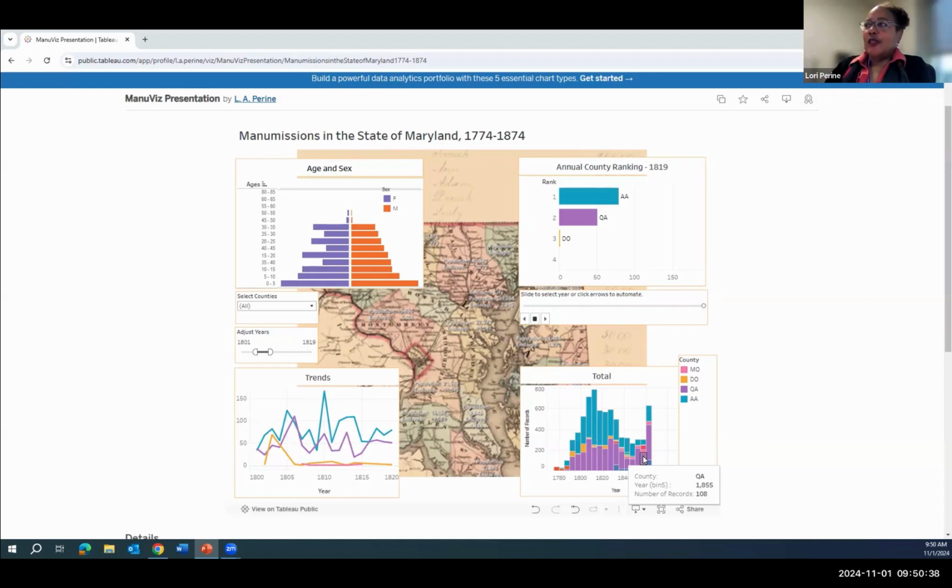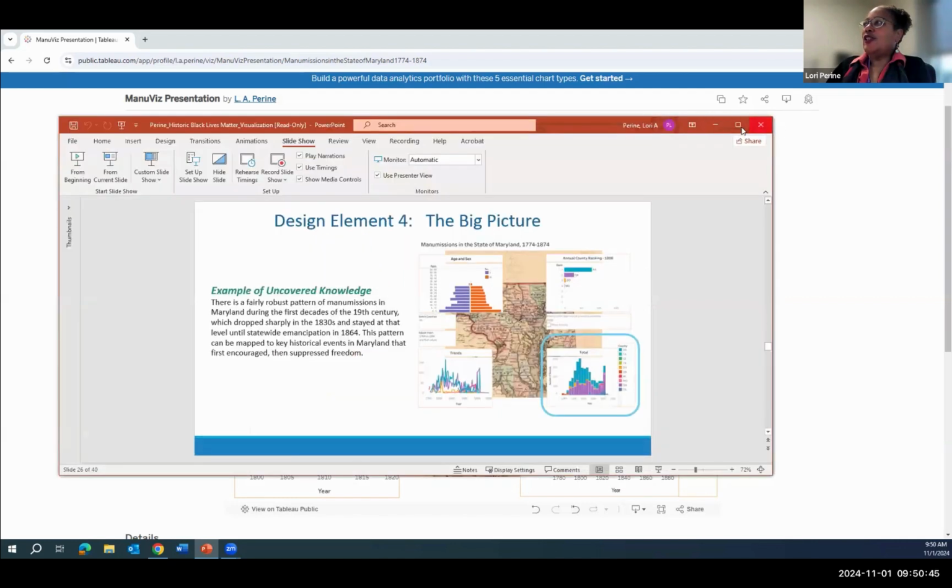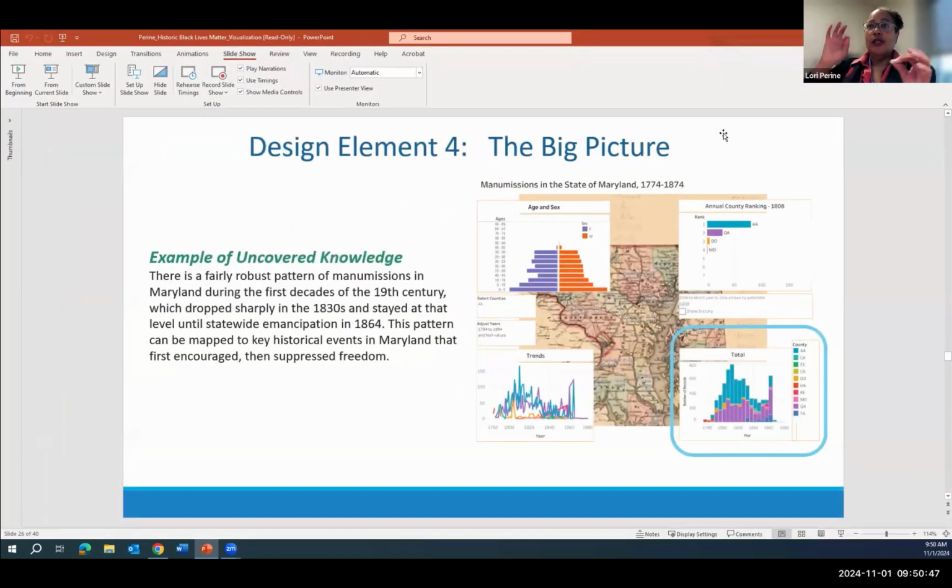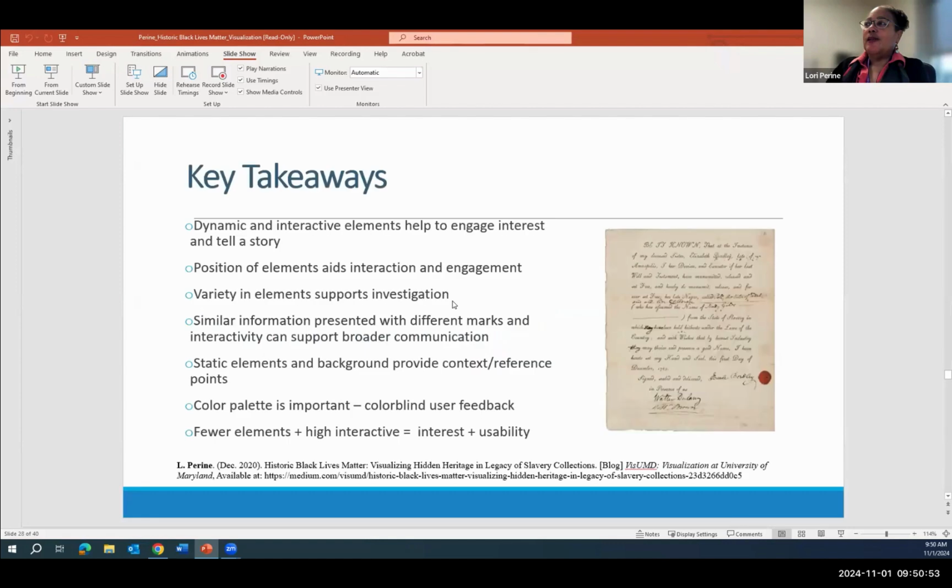And there's a whole background behind that as well. So I'm going to go back to the slides, encourage you to continue playing with the sliders and the selectors so that you have a sense of that as well.